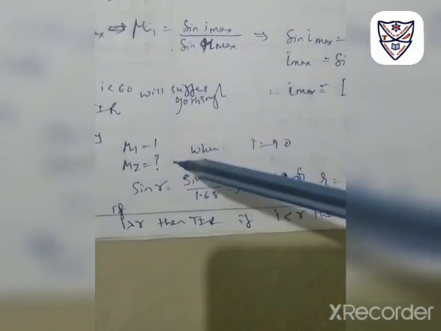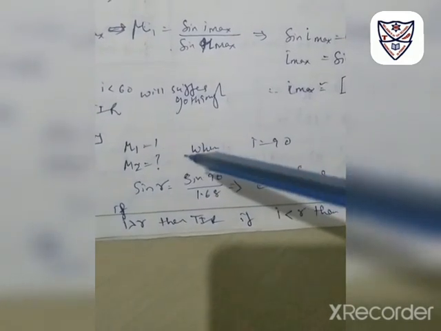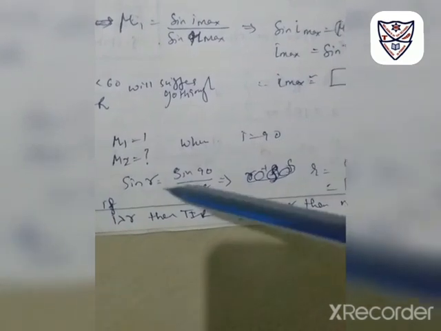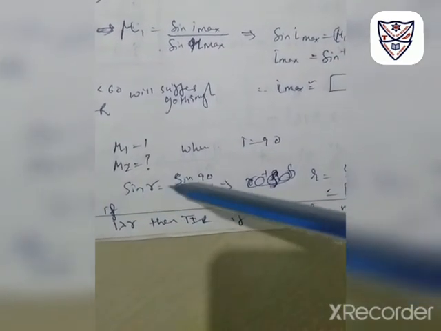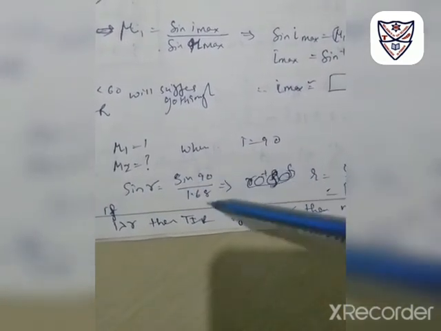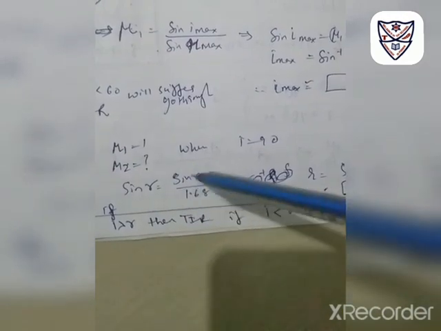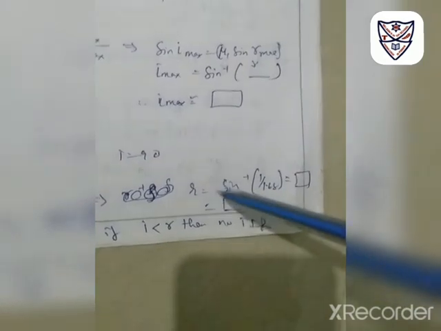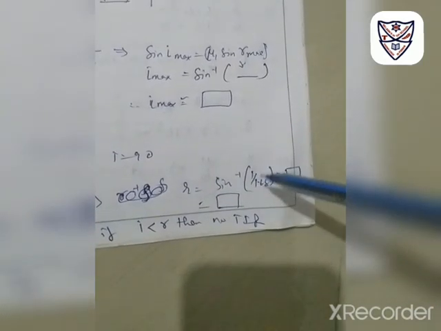Similarly, when mu1 is given and mu2 you have to find, and for total internal reflection that is 90 degree, you know the formula, sin R is equal to sin 90, and this is mu, that is mu is equal to, just I have replaced it. So after that I can write my R is equal to sin inverse of 1 upon 1.68.